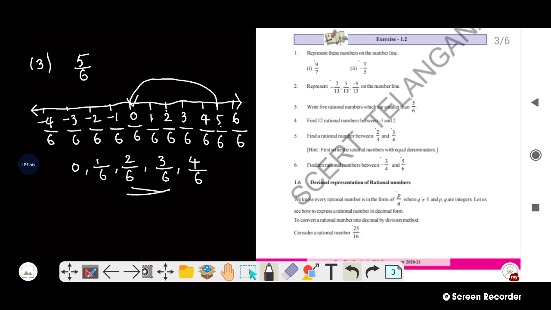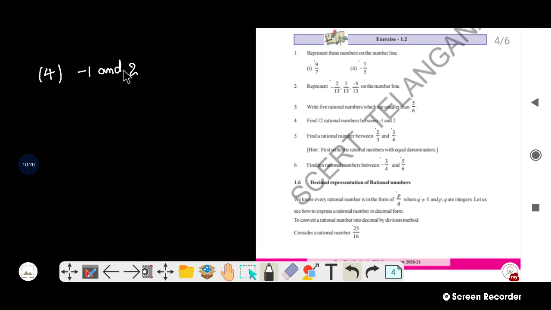And next one, we go for the fourth question. Now the fourth question. In that fourth question, find 12 rational numbers between -1 and 2. So -1 and 2. In between these two, you can find the 12 rational numbers.